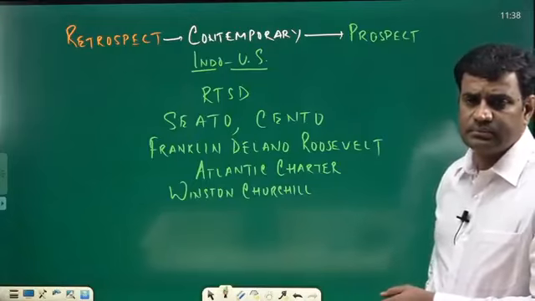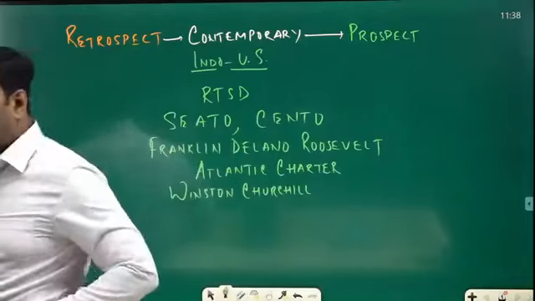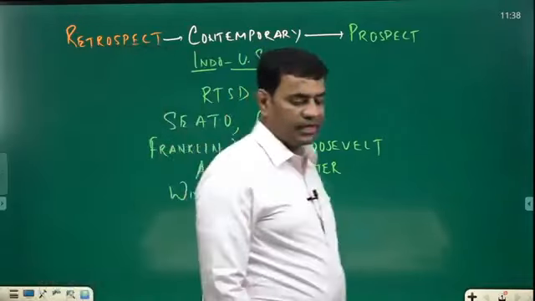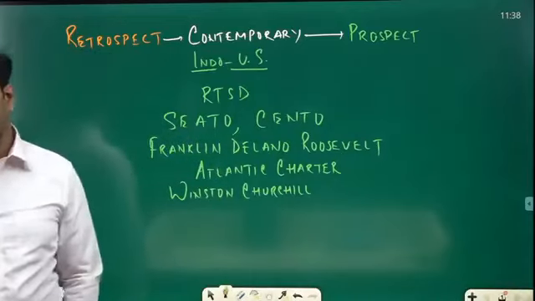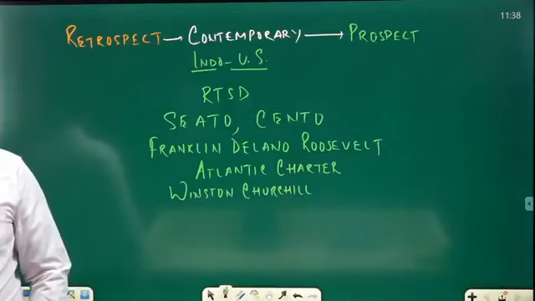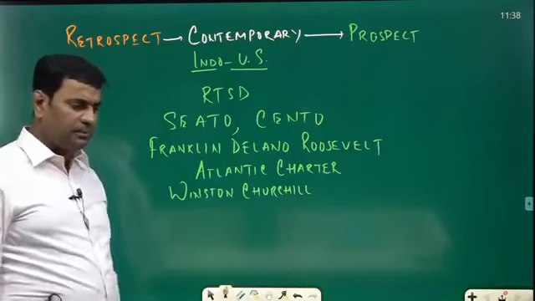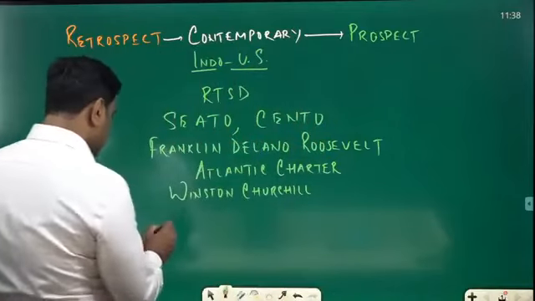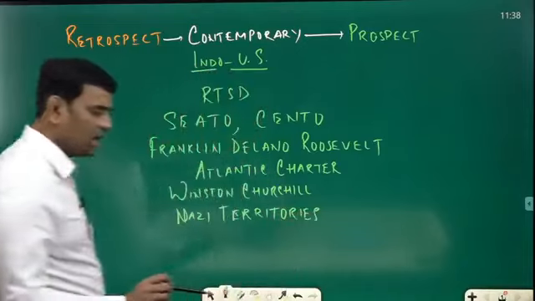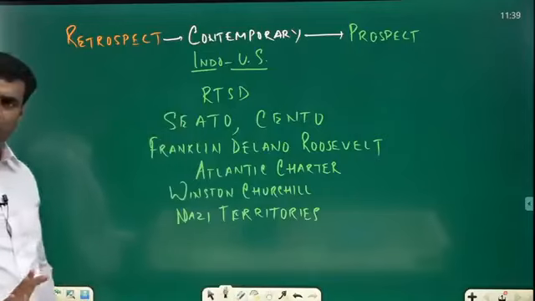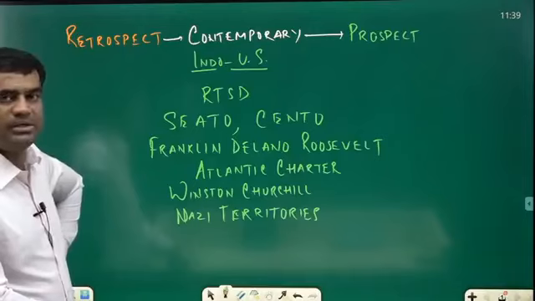Winston Churchill gave a narrow interpretation to the Atlantic Charter and highlighted that this charter applied only to the Nazi territories acquired by Britain, not the whole colonial empire, that is, territories under German control acquired by Britain.